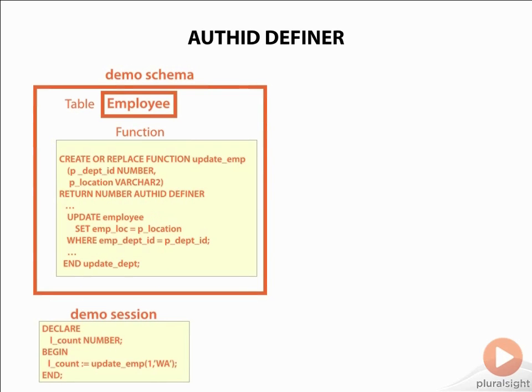When user demo logs in and starts a session and calls the function updateEMP, it resolves to the updateEMP function in the demo schema. The function operates on the employee table in the demo schema and then returns the number of rows updated. So far, so good. This is what we have been seeing so far with the default AUTHID behavior. Now let us say we give privileges to user test to execute the updateEMP function in the demo schema.